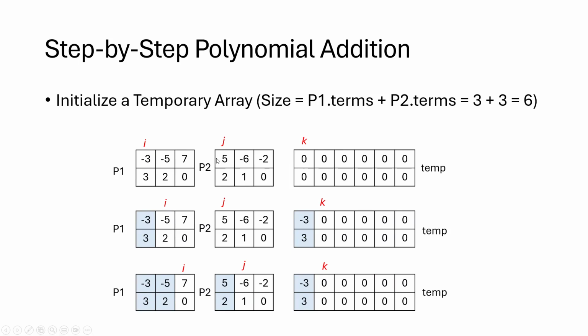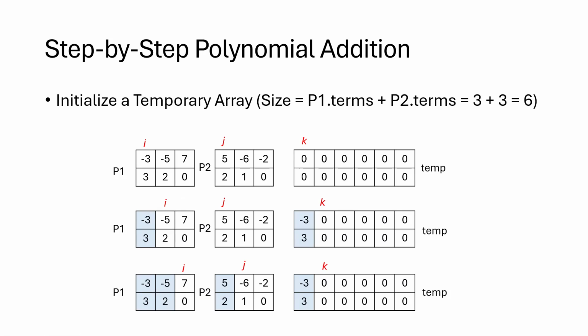In our scenario, 3 is greater than 2. So we will copy minus 3 and 3, this column, from my P1 polynomial into my temporary storage. As we have already considered this element, we will increment the value of I and also the value of k, but j will remain in the same place, because we haven't processed the first element of P2.